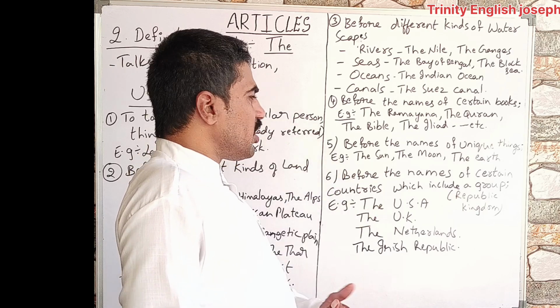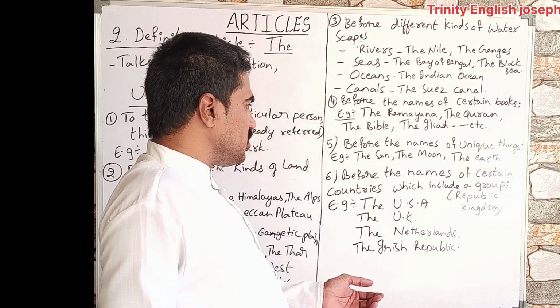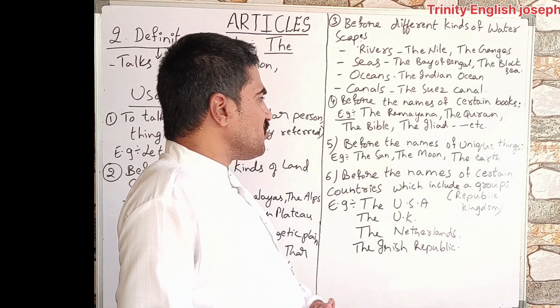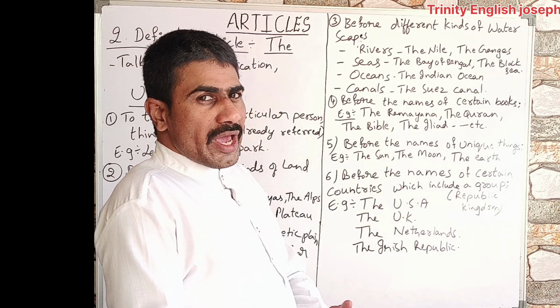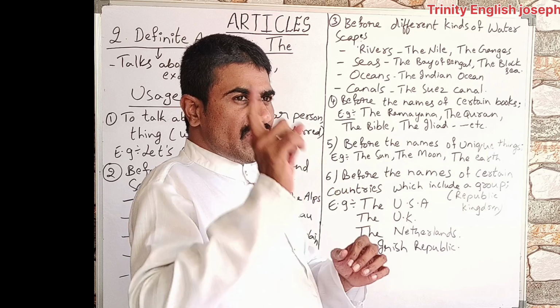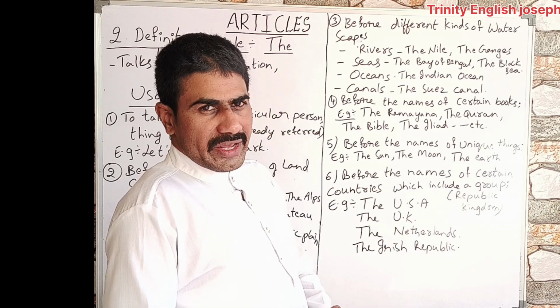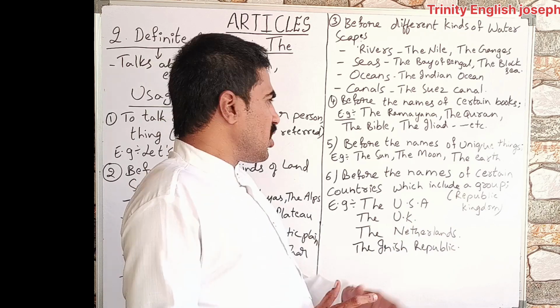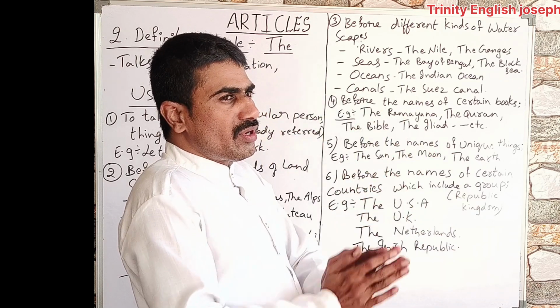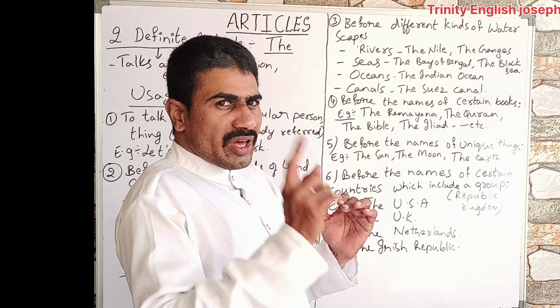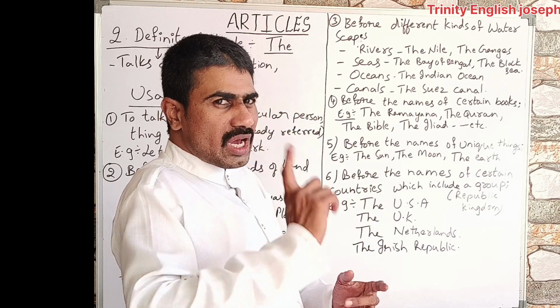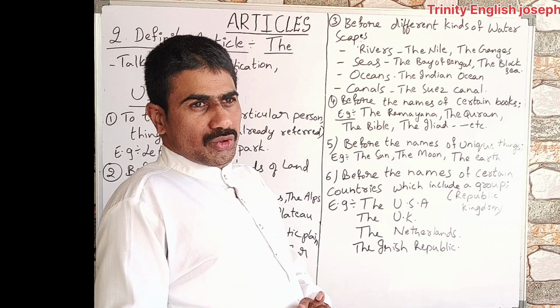And then coming to the next usage, the sixth usage is before the names of certain countries which include a group. Generally if there is only one country name, for example if you take India, we don't say the India, we simply say India. But when you have a group of states or something coming together forming one nation or one country, then we use the.